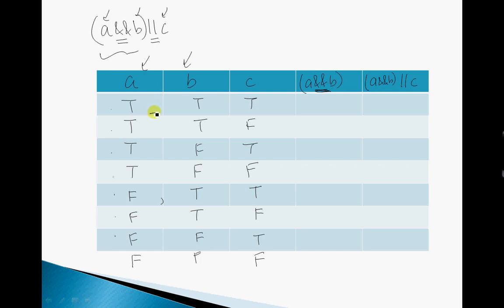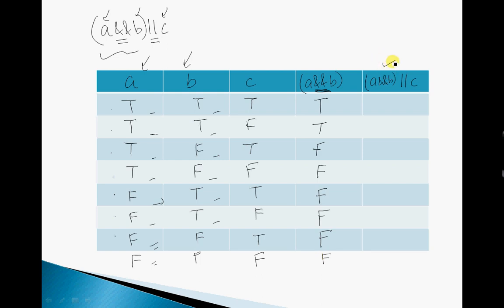So A and B, true, true, true, false, true, false. Remember, I'm dealing with the AND operator. False. Once I see false, I won't bother. It will definitely be false.